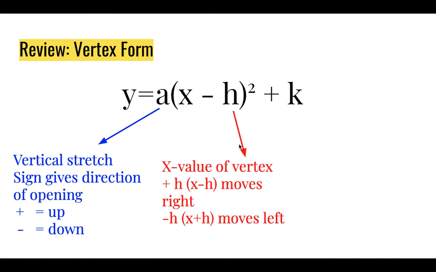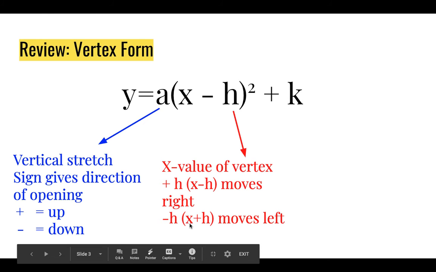And if we have a negative value for the vertex, let's say -3, if you put x minus -3, it becomes x plus 3. So the sign is kind of the opposite sign you might think. And if it looks like this, it's going to move to the left.